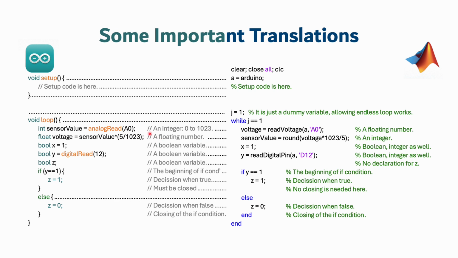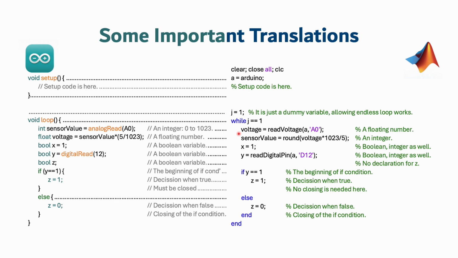If you use a double slash and then write anything after, it is not considered an instruction, not a program. It's your notes. Then in MATLAB, you don't need to declare whether this one is integer or floating.